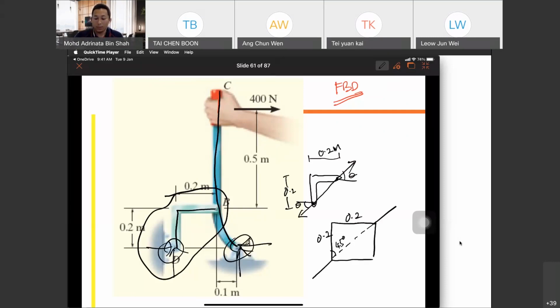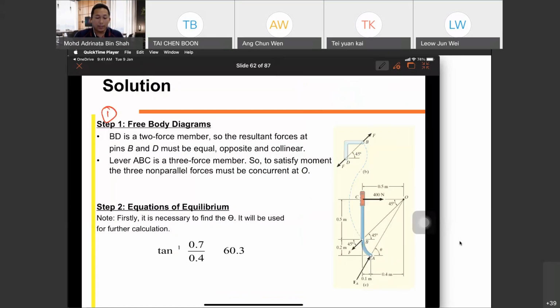BD is a two-force member, so the resultant forces at pins B and D must be equal, opposite, and collinear. I've shown it in the previous slide. Lever ABC is a three-force member. So to satisfy moment, the three non-parallel forces must be concurrent at O. Where is O?